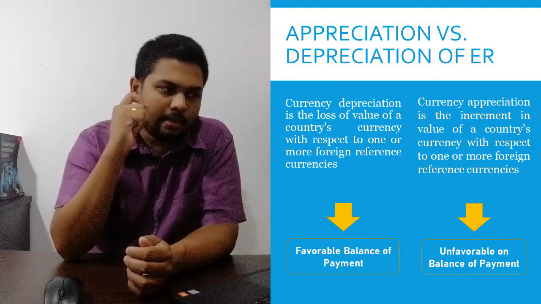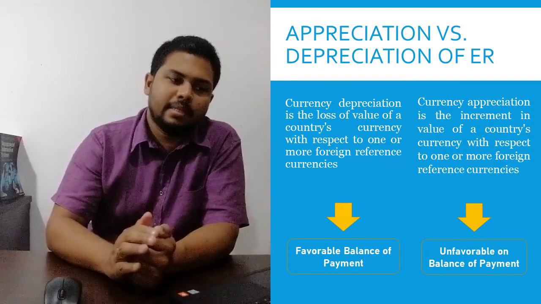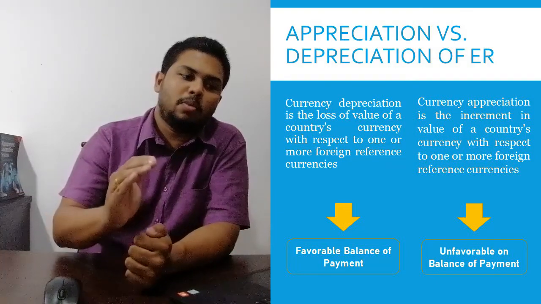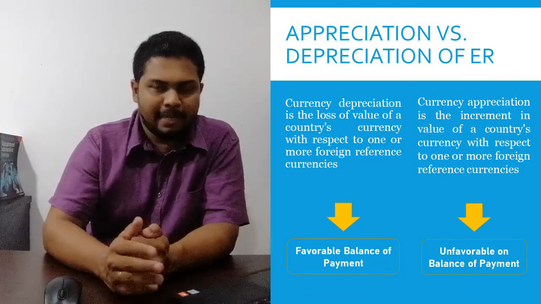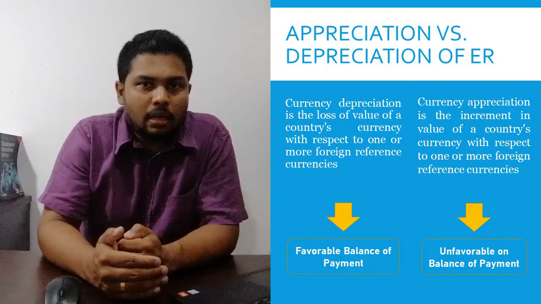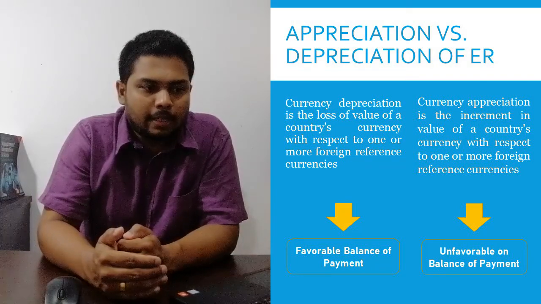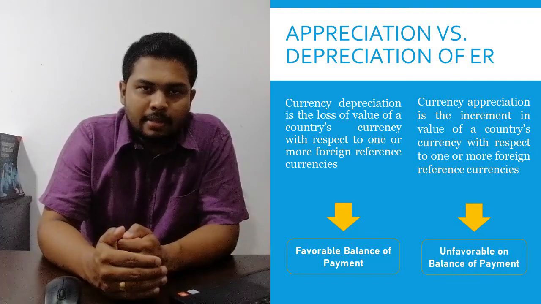Currency appreciation is the increment in value of a country's currency with respect to one or more foreign reference currencies. As an example, let's say today the USD is worth 200 rupees.